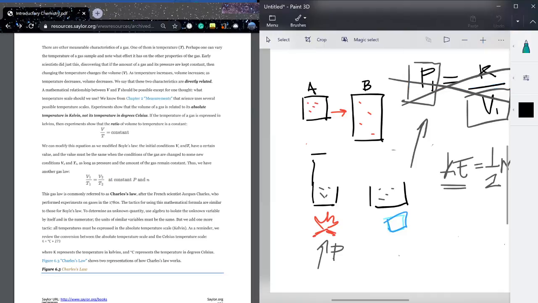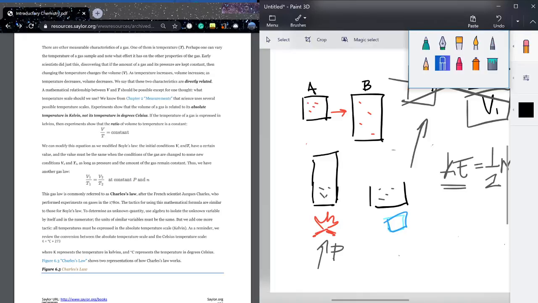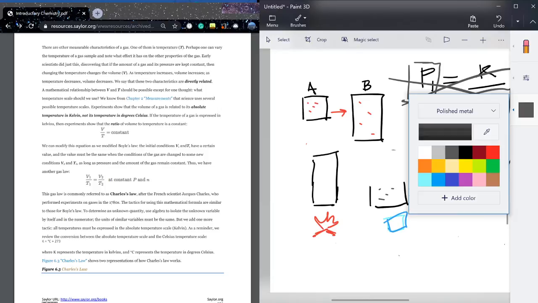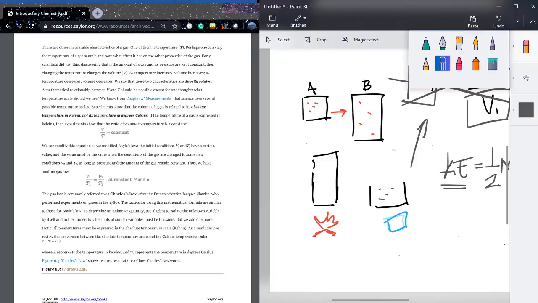So at a higher temperature, the pressure wants to increase, but if we don't allow the pressure to change, then the volume must change in place of the pressure. So if the molecules are colliding more and faster and they're trying to increase the pressure, one way to stop the pressure from increasing is to move the molecules farther apart.